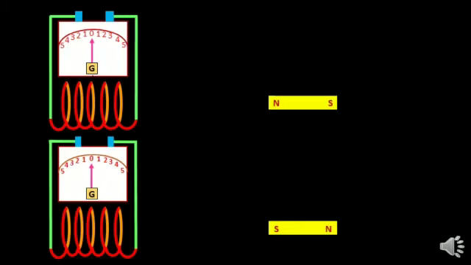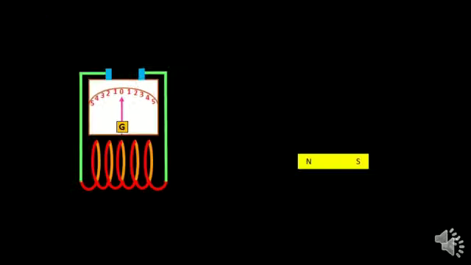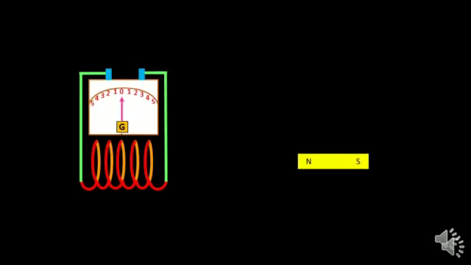From these observations, we can conclude that when there is relative motion between the bar magnet and the coil, an electric current is induced in the coil. When the speed of the bar magnet is more, the deflection produced in the galvanometer increases, which shows the current induced in the coil is more.